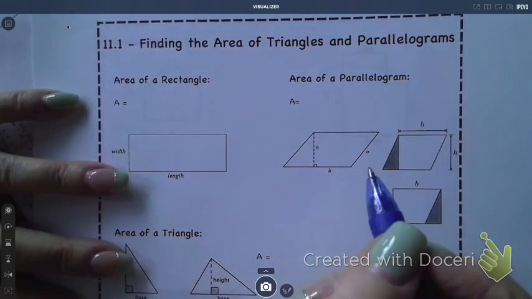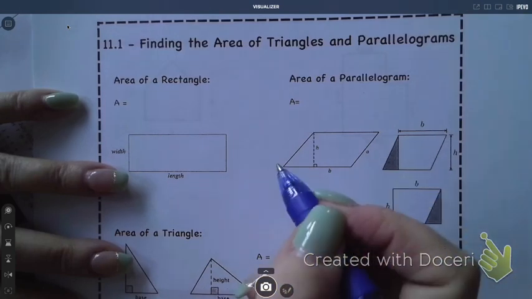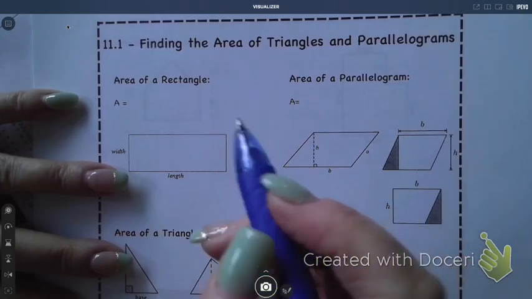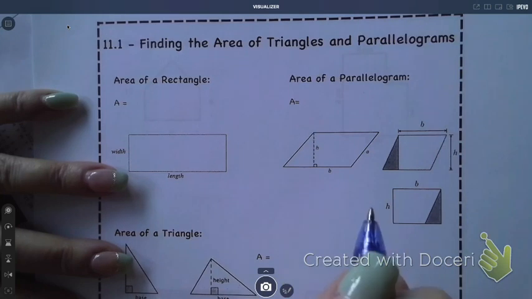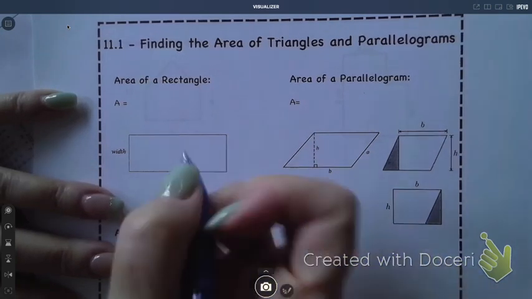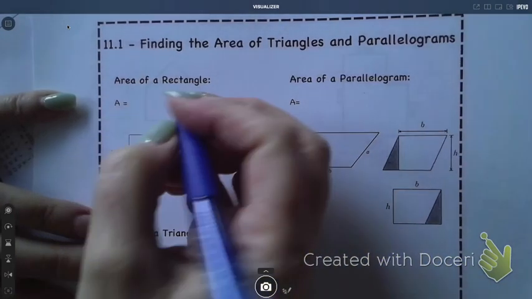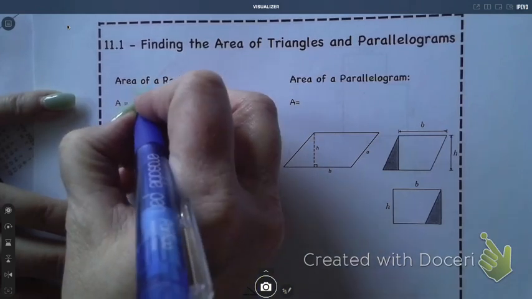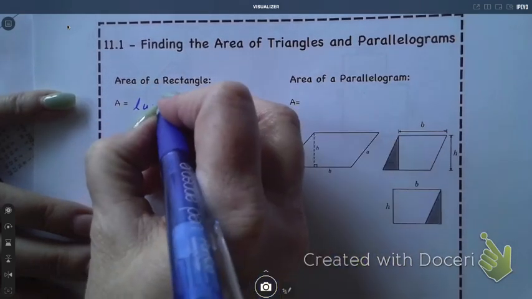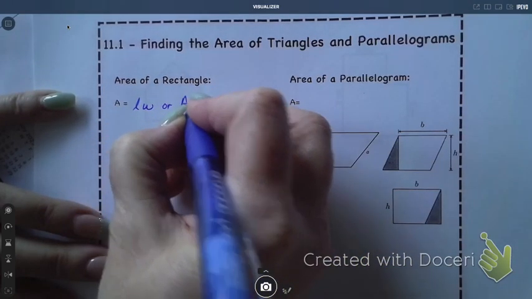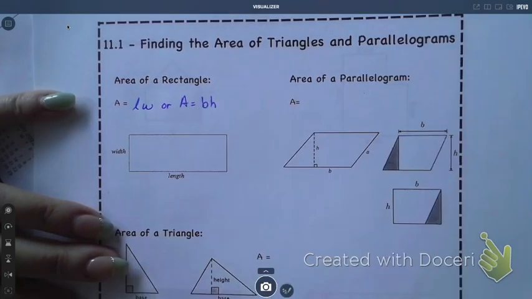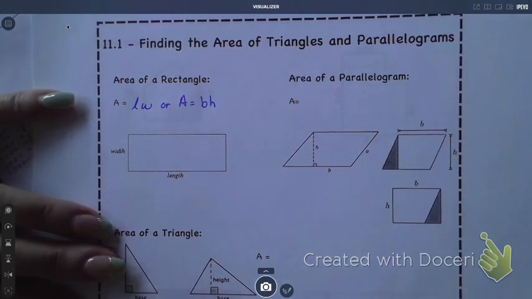No. A square is a rectangle, always. But is every rectangle a square? No. Okay, so the area of a rectangle is length times width, or sometimes you will get area equals base times height. Is that the same thing? Yes, base, height, length, width.